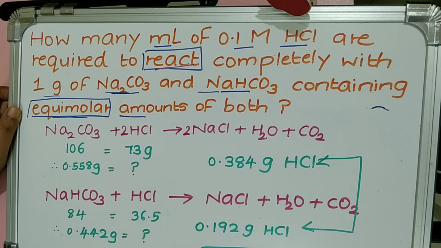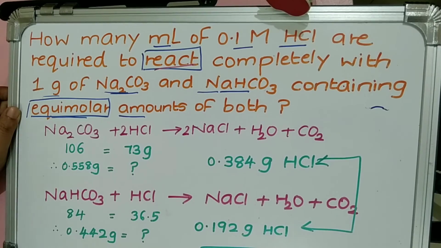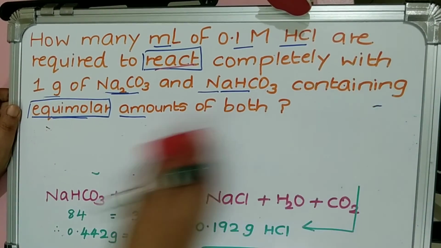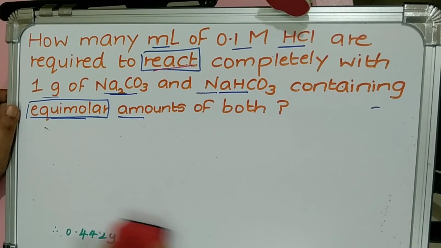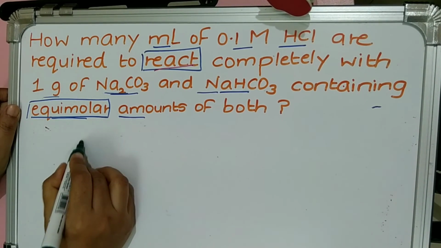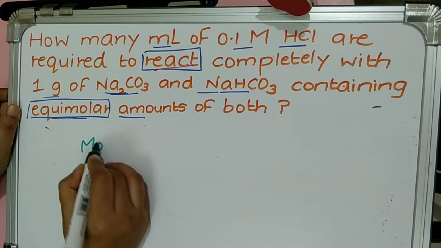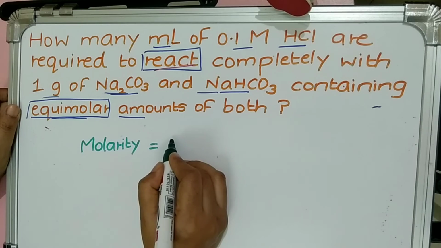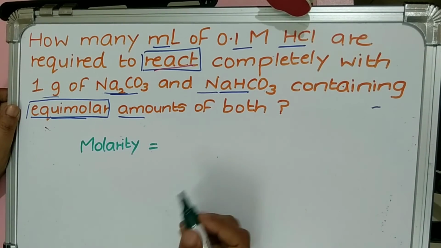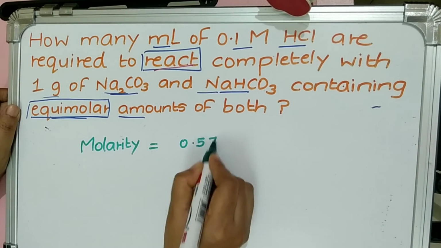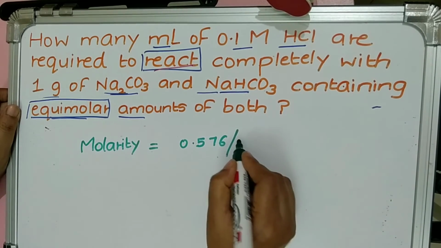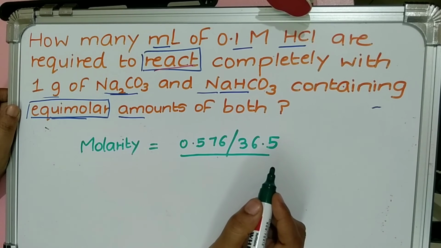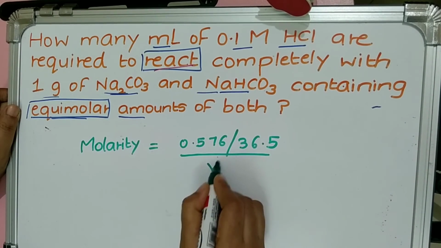So we got the value of W in the first equation what I wrote. In the molarity formula we have written molarity is equal to mass by molar mass. So mass we got as 0.576 divided by molar mass of HCl 36.5, times volume in liters, which you need to find.